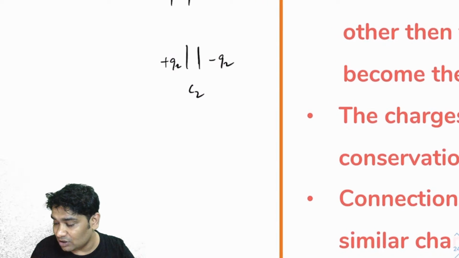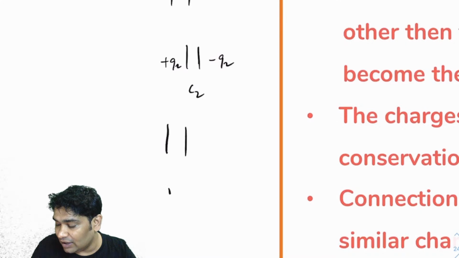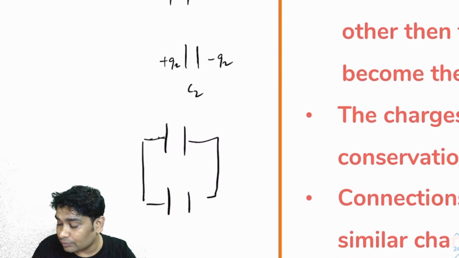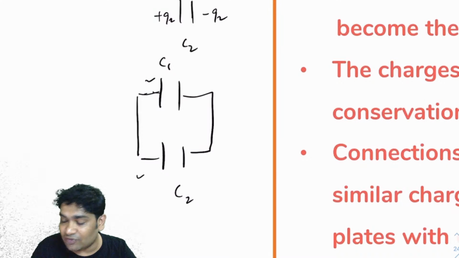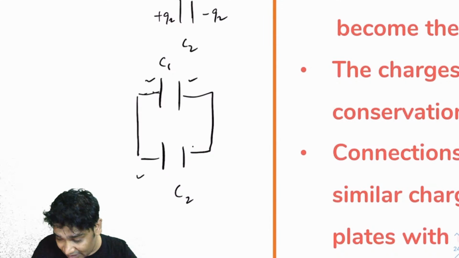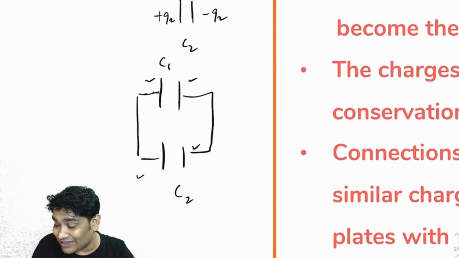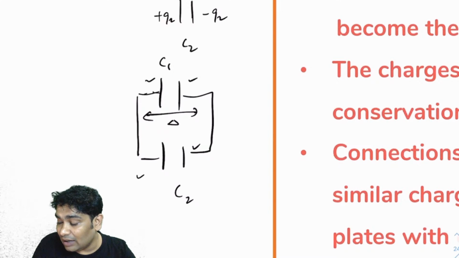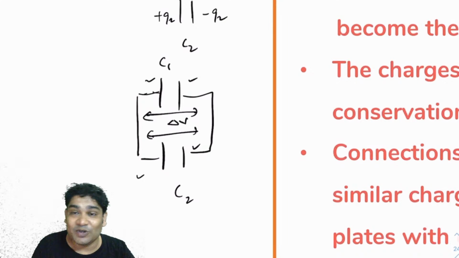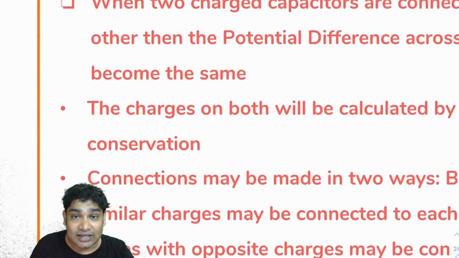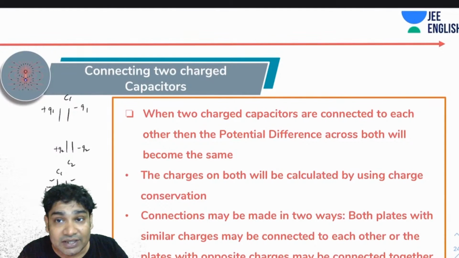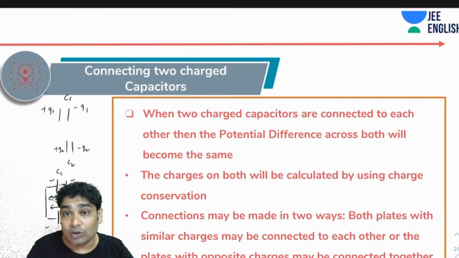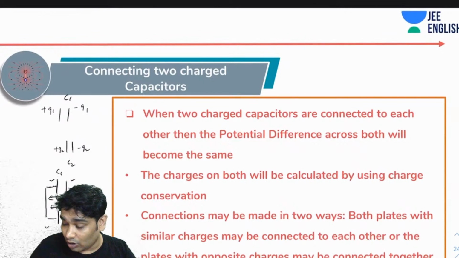The potential of this plate and this plate would be equal, and that is why the potential difference across both would be equal, some delta V. So the first thing I notice is that whenever two such capacitors are connected, the potential difference across both will become the same. Now charges from both will flow.